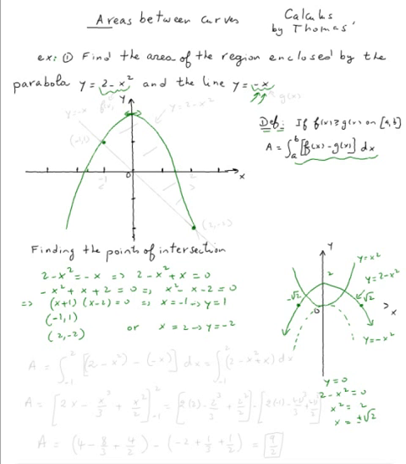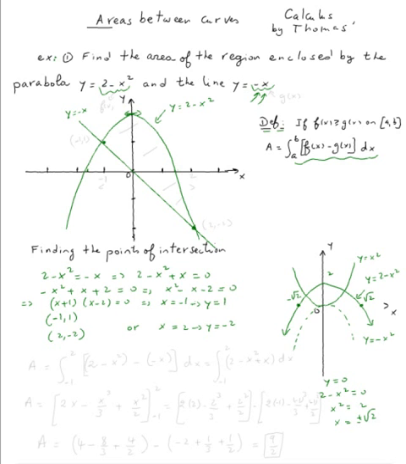Now the line has to cross these 2 points, y equals negative x. This is the line y equals negative x, and this is the parabola y equals 2 minus x squared.